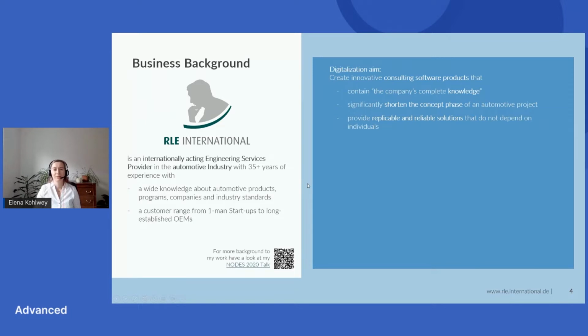So we have a very specific aim. We want to digitalize, of course, every company wants that. And what we want to achieve is to create innovative consulting software products that basically contain the company's knowledge about the products, programs, the companies, and the industry standards. And what we want to provide to our customers is a significantly shorter concept phase of an automotive project.